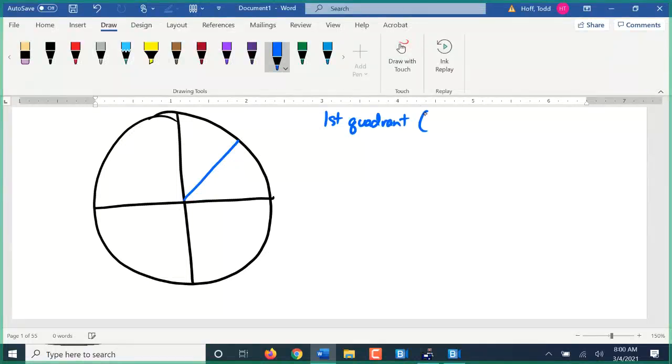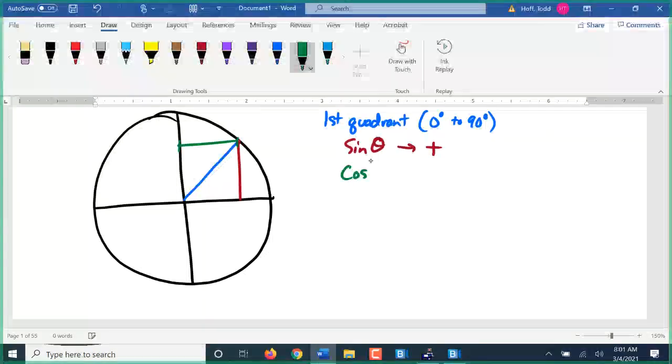In other words, that is between 0 degrees and 90 degrees. The sine is above the axis, so that's positive. The cosine would be over here, and the right side of that vertical axis is the positive side. So both the sine and the cosine of an angle are positive if it is between 0 and 90 degrees.